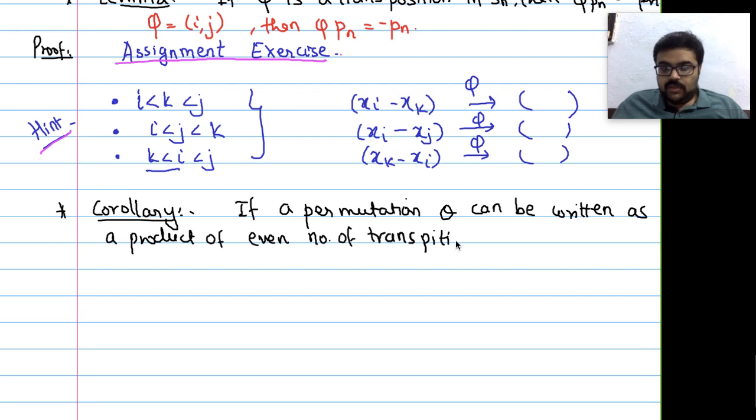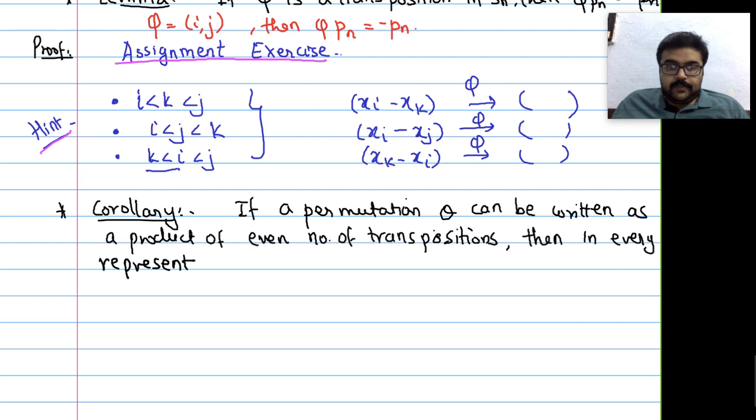So if theta is an even permutation, so it is written as a product of an even number of transpositions in one representation, then in all other representations it can be written as an even number of transpositions.